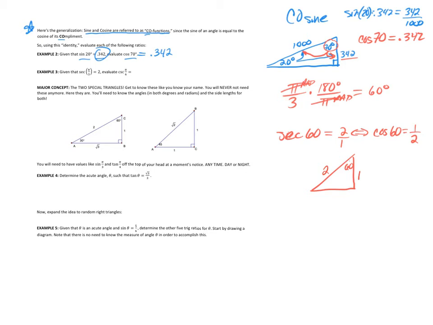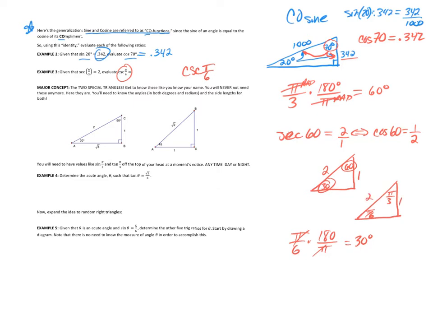So if this guy is 60, that means that this angle's 30, and sure enough, to be asked about the cosecant of pi over 6, doing the same kind of work, pi over 6, when we multiply that by 180 over pi, we get 30 degrees. And so this angle here is our pi over 6. So if I were to redraw this in radian measure, this guy would be pi over 3, and this guy would be pi over 6, where we have a 1 here and a 2 here.